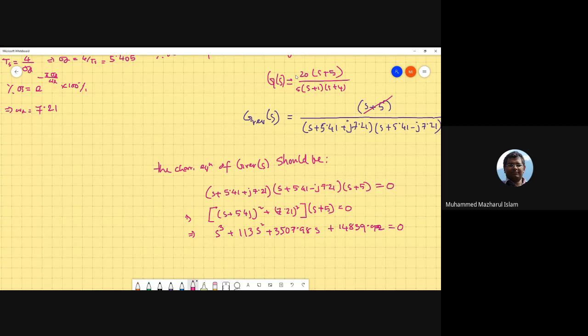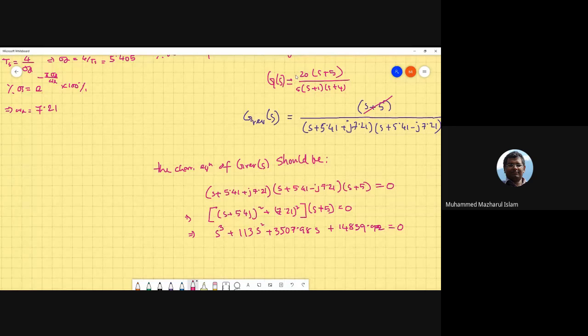I'm not sure. Anyway, if these are right, then they are right. It's just calculation. Because the constant term would be roughly 7 square into 5. 7 square is 49, so about 50, and 50 times 5 is 250. It shouldn't be 14,000.